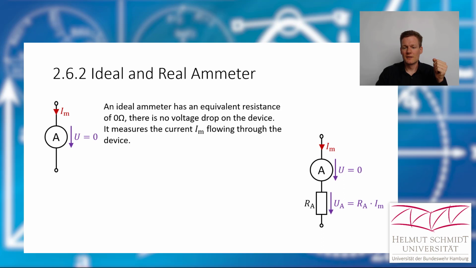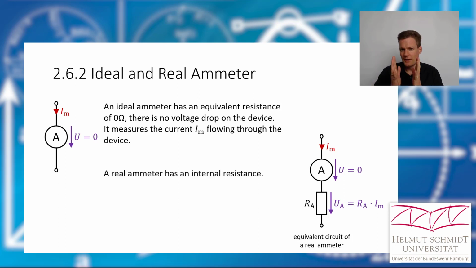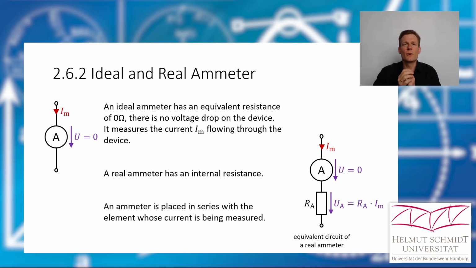It's just the inner resistance multiplied with the actual measured current value. Okay, so this is the equivalent circuit of a real ammeter. And as I said, it has an internal resistance, and if you want to use it, you have to put it in series to the element where you want to measure the current through.